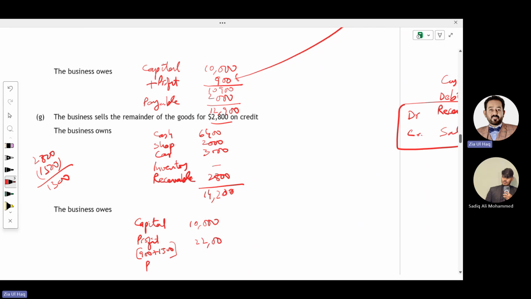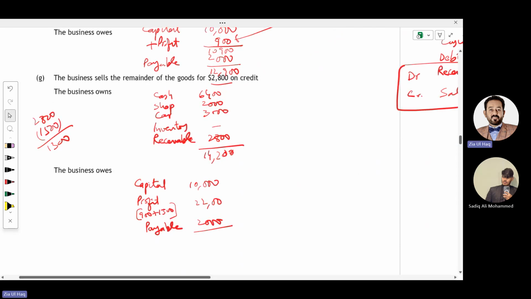And payables, how much was payable? 2,000. Can you check if it is the same 14,200? 10 plus 2, 12 plus 2, 14,200. Tally both sides. Is that fine?